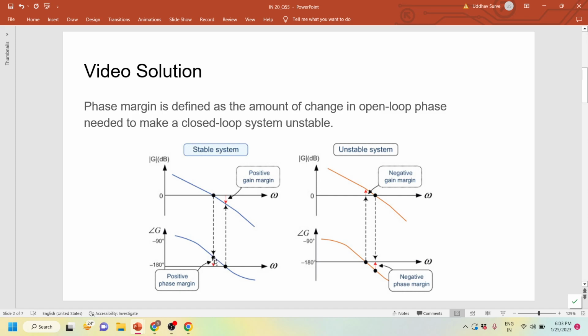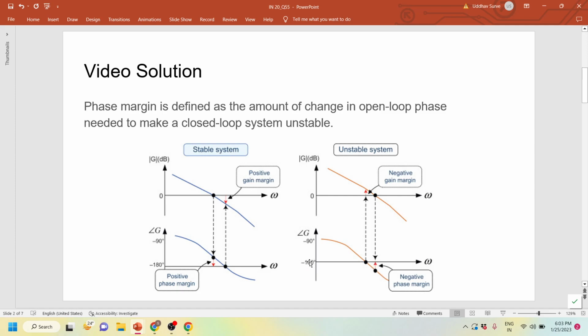In this case the phase margin is negative because where the 0 dB line is crossed, the phase of the system is beyond minus 180 degrees.